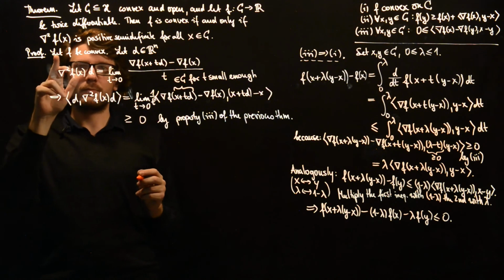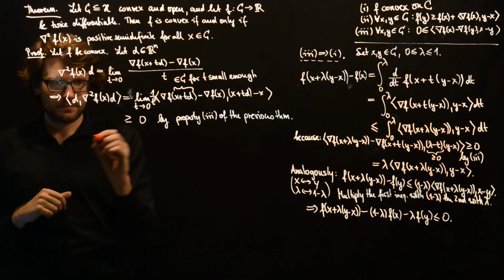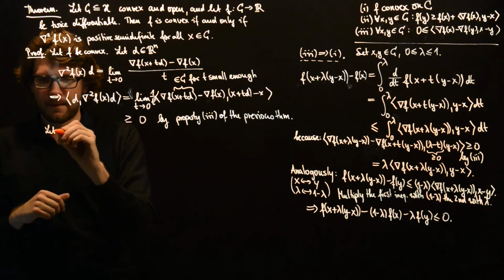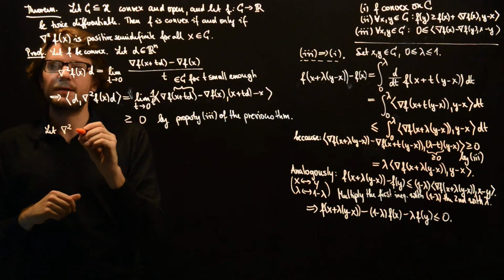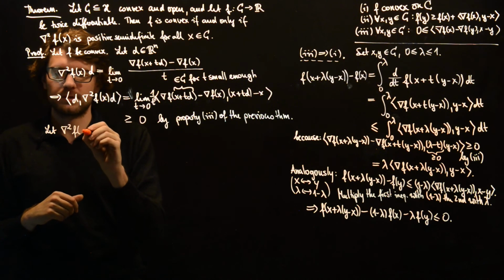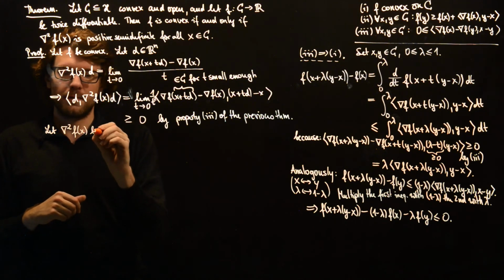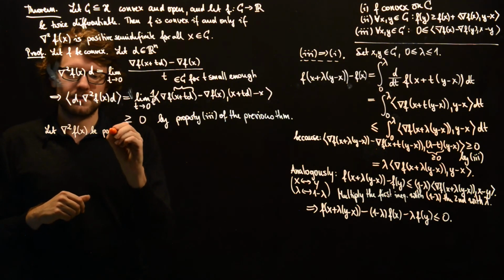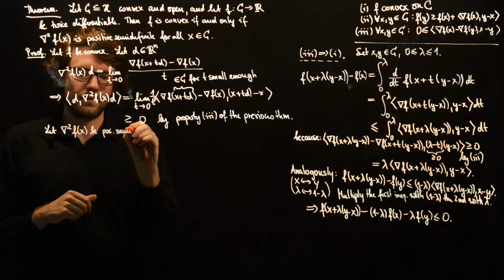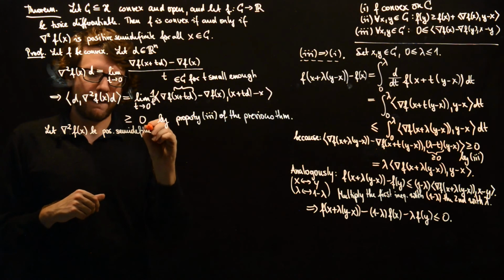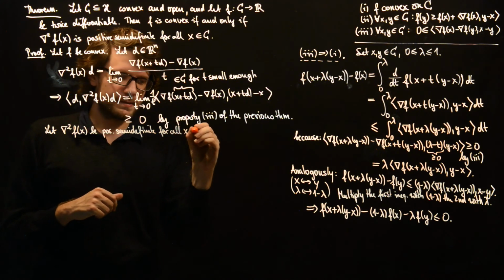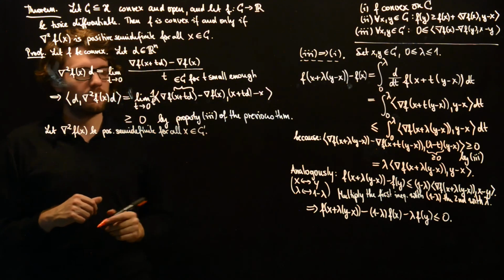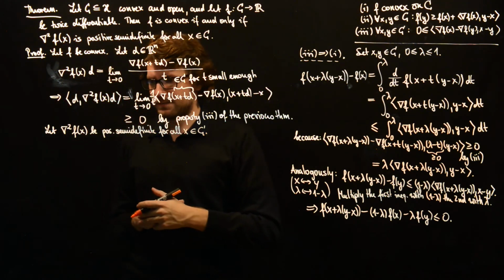Now we have to show the other direction. So let this Hessian nabla squared f of x be positive semidefinite for all x in C. And we want to show that f is convex.